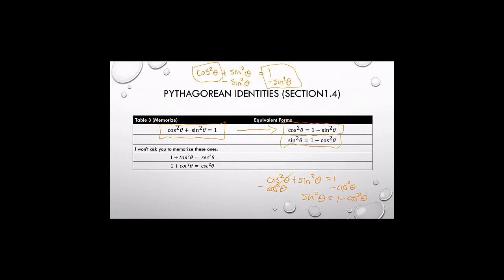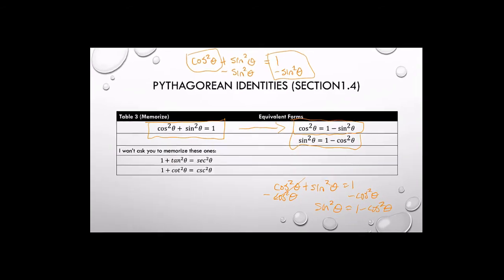So these are equivalent forms because you can just algebraically manipulate the first identity to get the other two. Your eye has to pick up on these identities, so they need to be memorized. Otherwise, your eye won't pick it up and know what you're looking at. So make sure that before you proceed to section 1.5, that you get familiar with all of these identities.